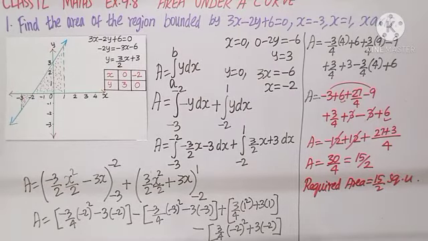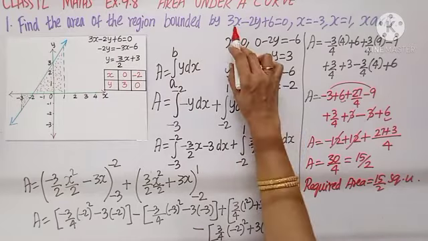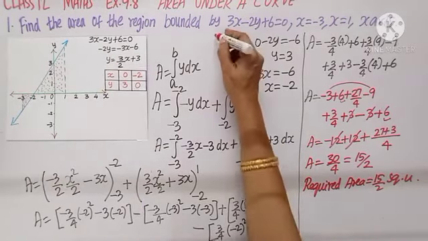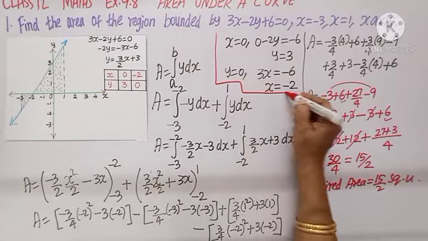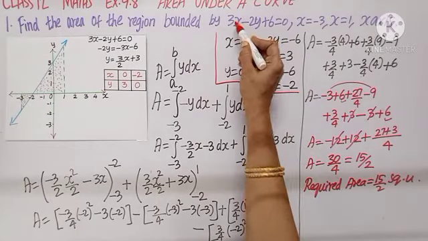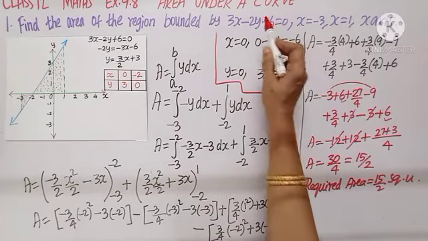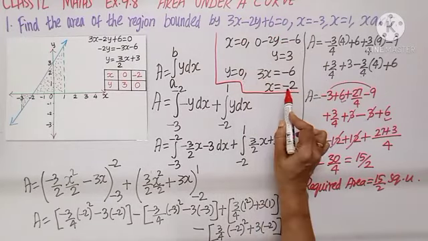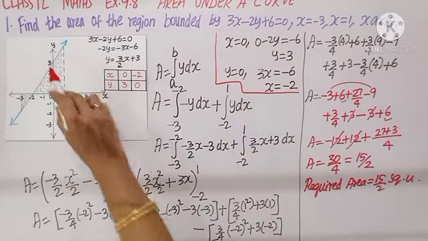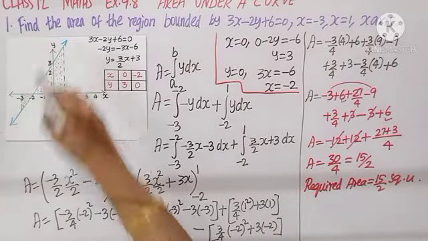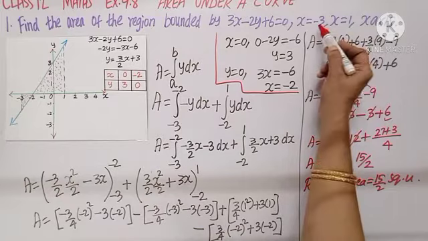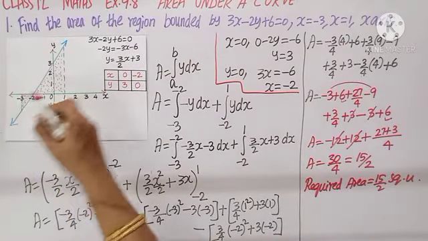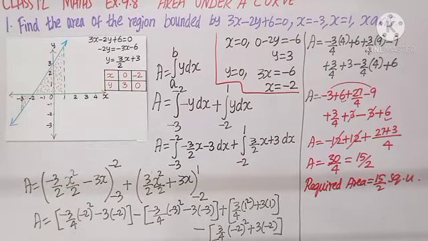So what are the steps that we did? The given line we tried to plot. For plotting, let us remember, put x as 0 in the equation, get y. Put y as 0, get x. The 2 points we plot in the graph and draw the line. The limits are minus 3 to 1. Mark minus 3, draw a line. Mark 1, draw a line perpendicular.